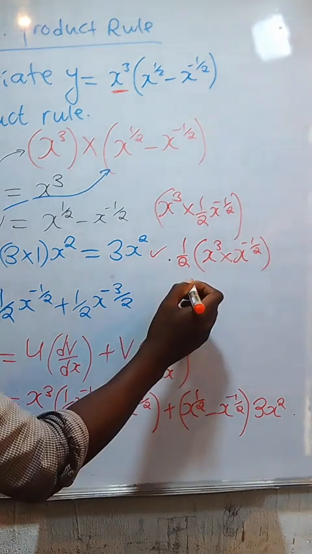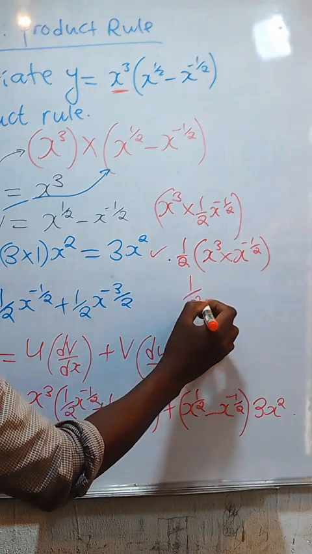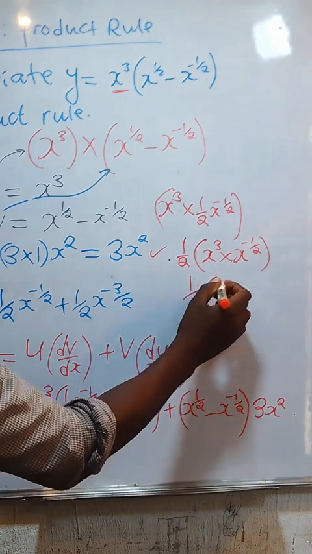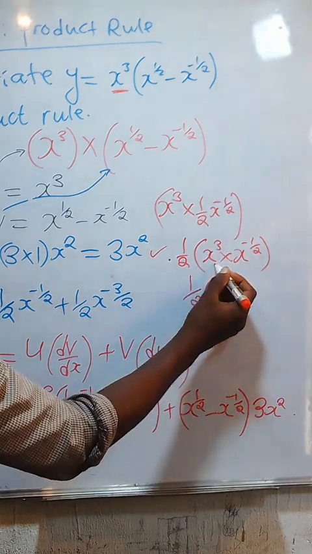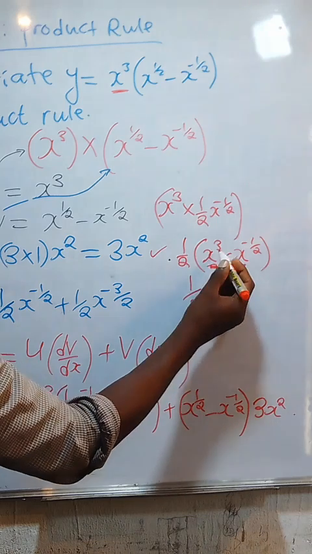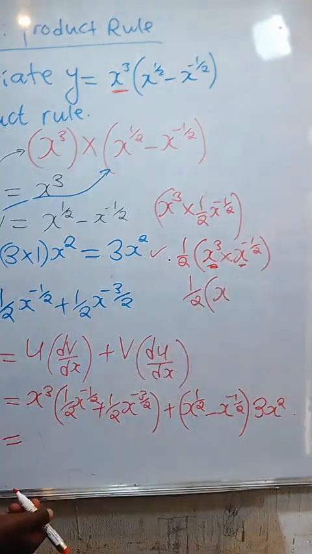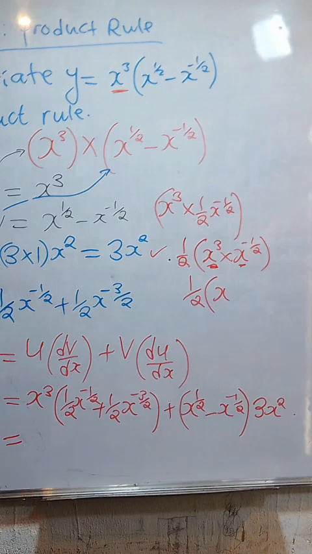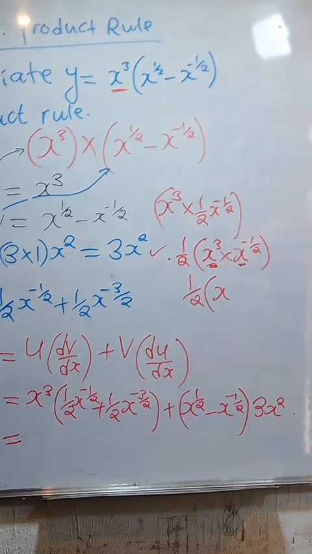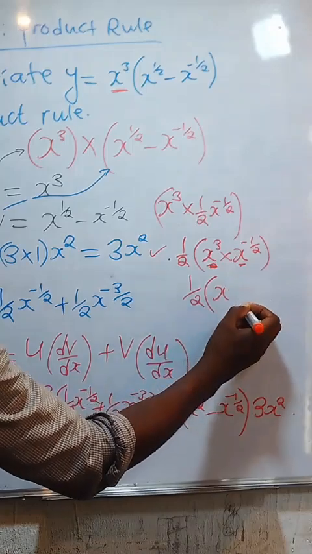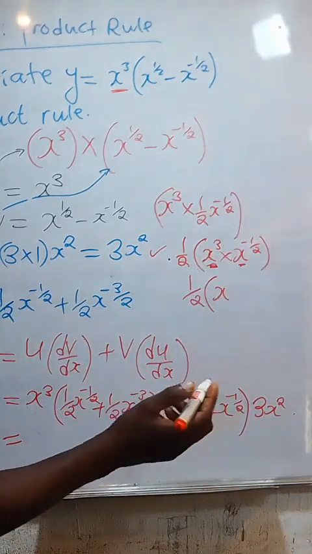Now from there, this half, now this x, the base, which is x, and then the powers, you can add them, okay? So once you add the powers, what are you going to get? I'm just going to write it there.